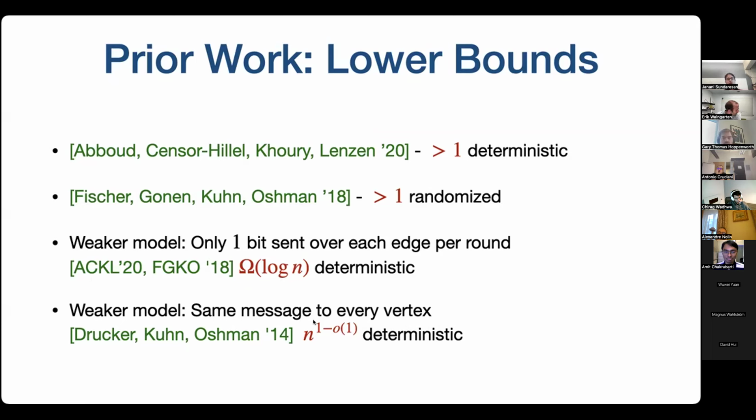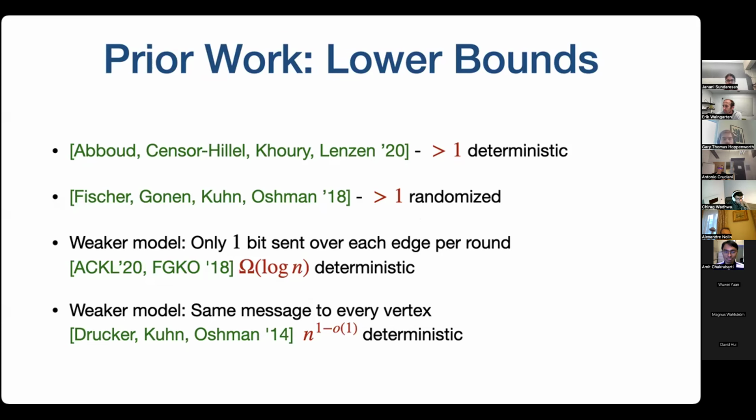And in another weaker model where if a vertex has to send the same message to all of its neighbors, then you can prove a much stronger lower bound of n to the 1 minus little o of 1. And this is also for deterministic algorithms only. This was given by Drucker et al. So even in these weaker models, we are not able to prove anything beyond this one round lower bound for randomized algorithms.